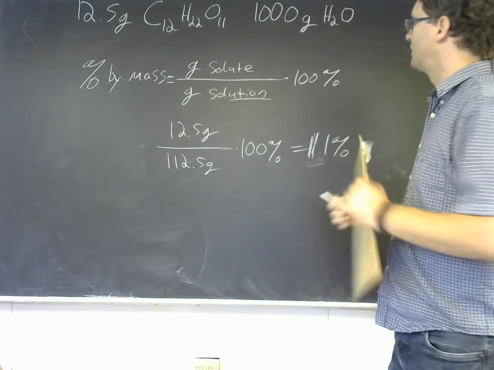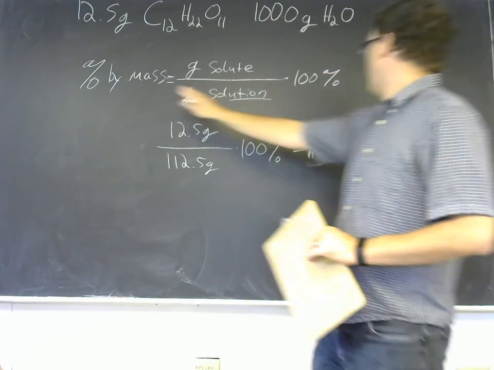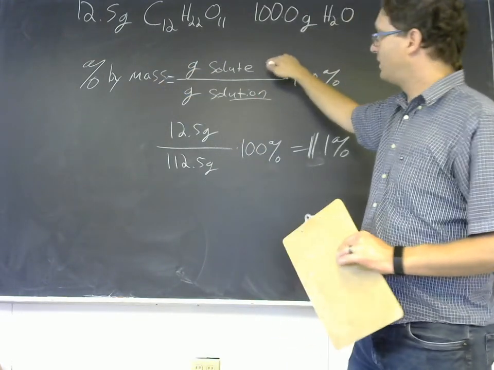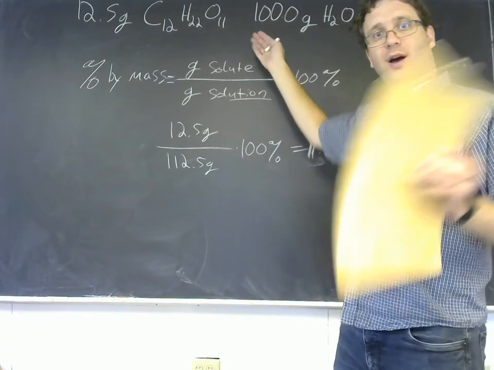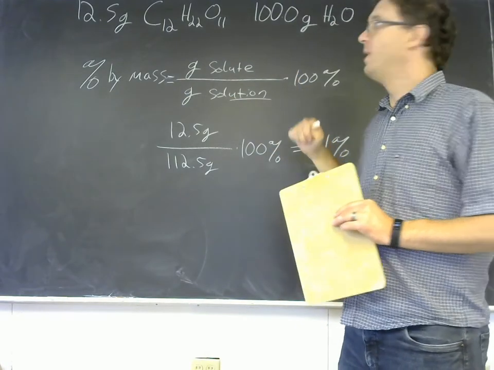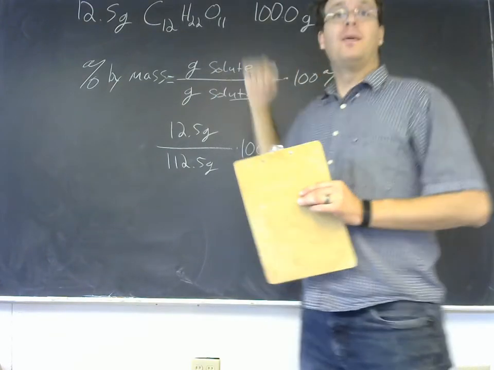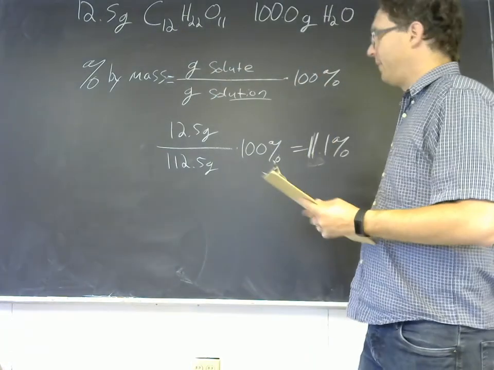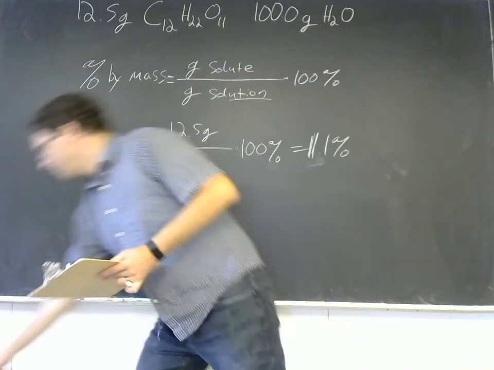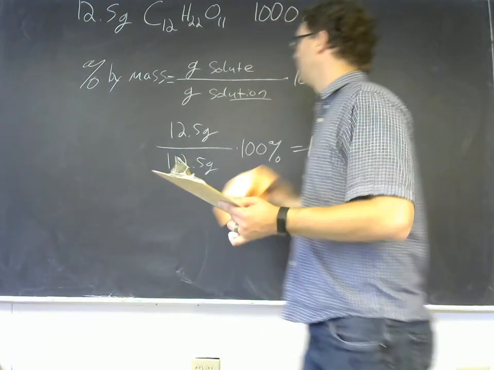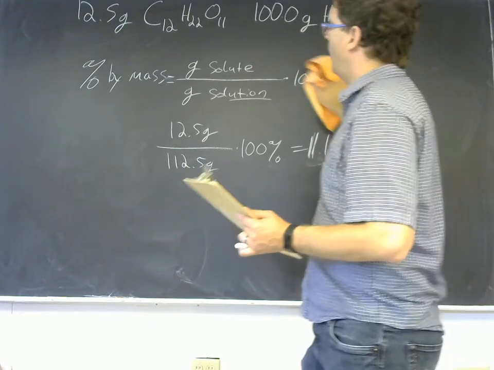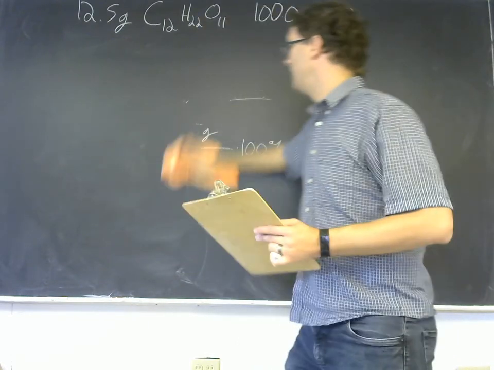You can just say 11.1 is equal to x over 50 kilograms. Solve for x and you're going to get a mass of sugar to add. Anyway, so that is percent by mass. We don't really use it in other equations, and so it's mostly just useful for describing how to make a solution.